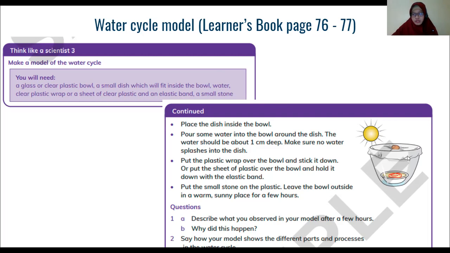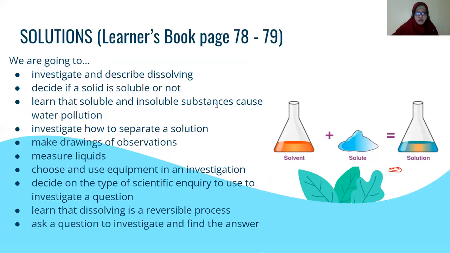Then at night it is condensed, and the result of the condensation is water drops. The water drops will accumulate just below the marble, because the marble gives pressure to a certain position of the plastic wrap, and that causes the water drops to accumulate just below the marble. So that's all for the water cycle model.